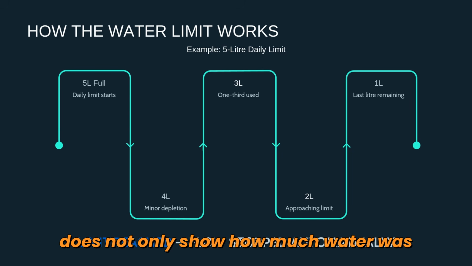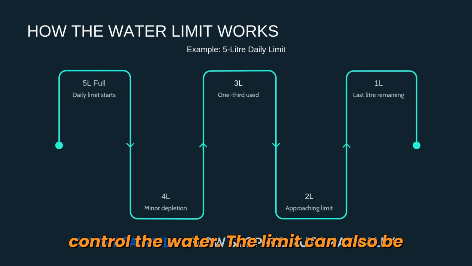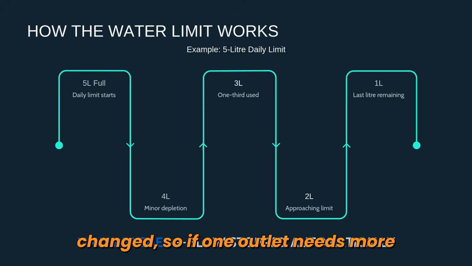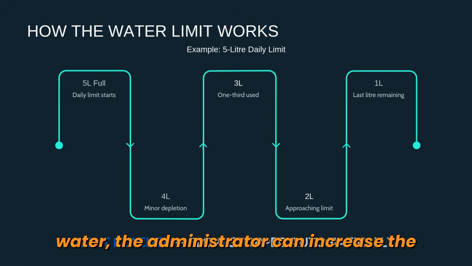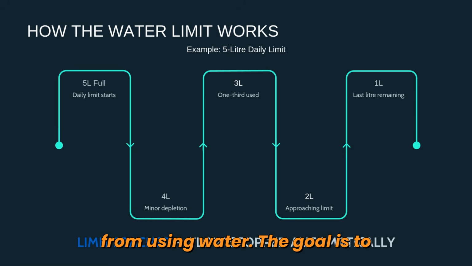This means our project does not only show how much water was used, it can also use that information to control the water. The limit can also be changed. So if one outlet needs more water, the administrator can increase the limit. The goal is not to stop people from using water. The goal is to stop unnecessary water use.